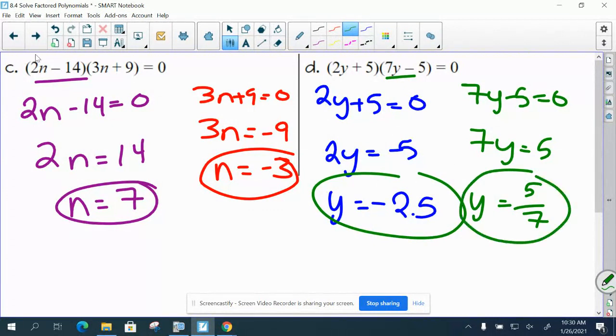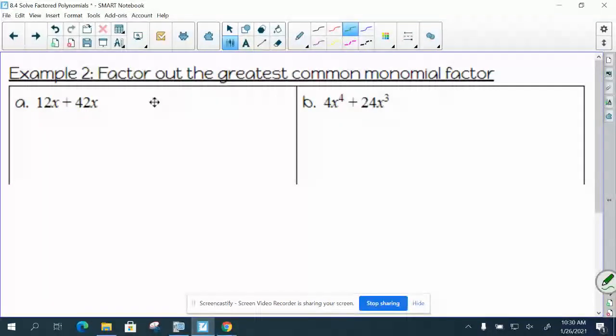All right, so let's look at an example of where we would have to factor. So we're going to work with a simple example here, and I think this should be a y here. So what you want to do, if you have two things and you want to factor something out that they have in common, first of all, they don't have any variables in common, but you would look between 12 and 42. So what's the greatest common factor between 12 and 42?